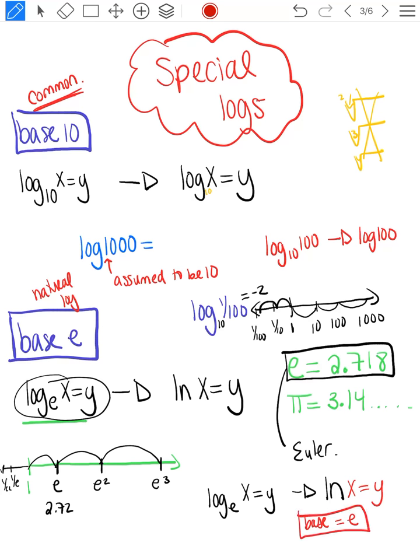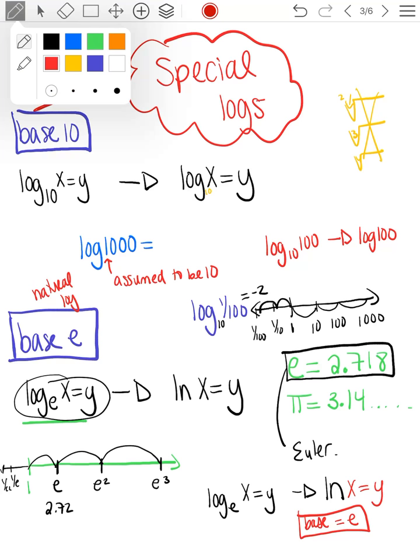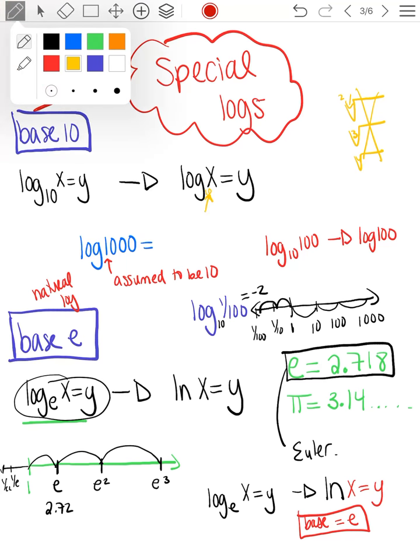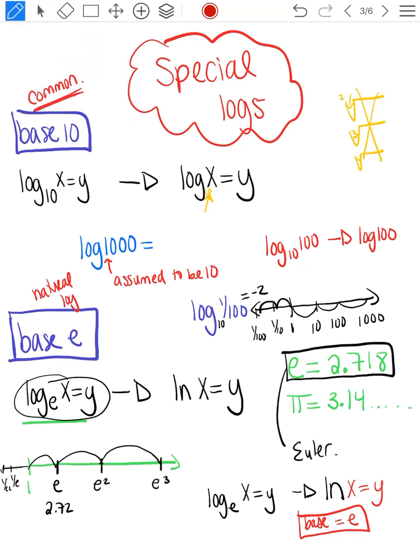When you make your number line, you're multiplying by e every time. So to summarize, if you see a logarithm with no base, the base is 10. And if you see ln, it stands for natural logarithm. It's Latin, I believe, which is why it is backwards. Some of you who speak Spanish or other languages notice that we flip them. So ln stands for natural log, and that just means the base is e.